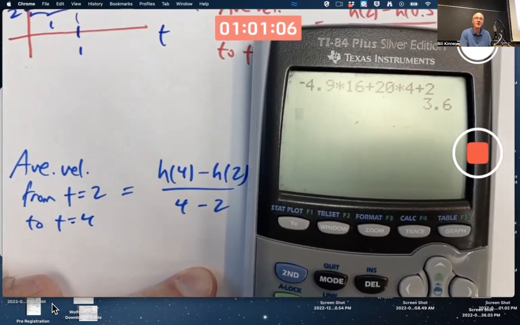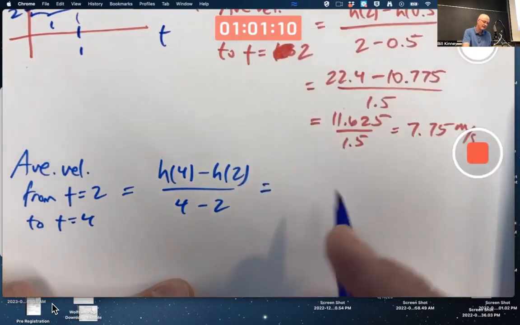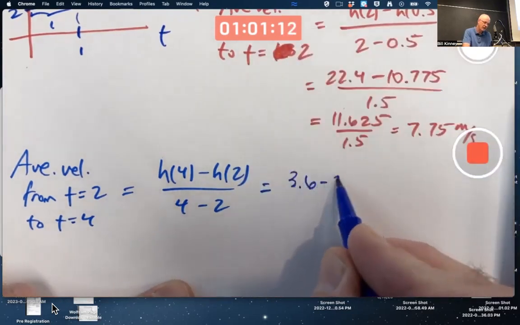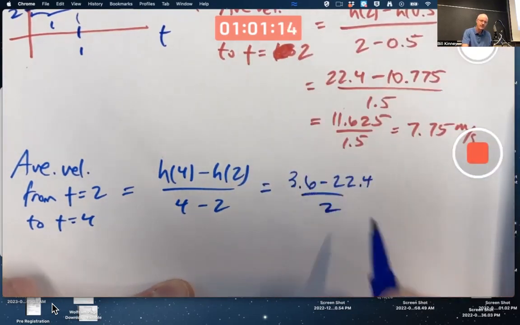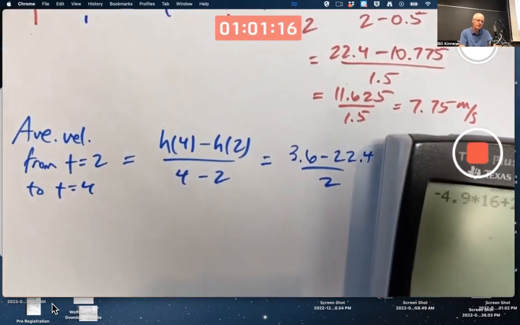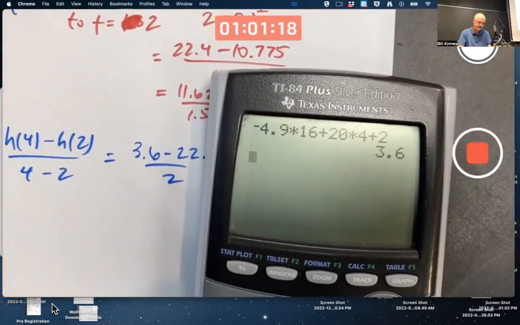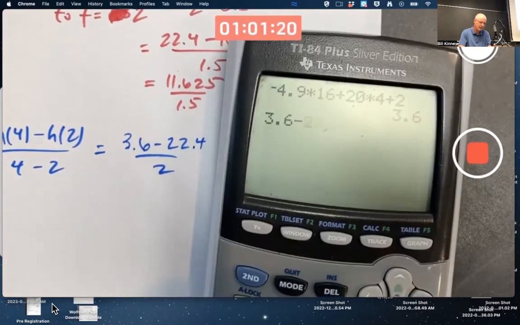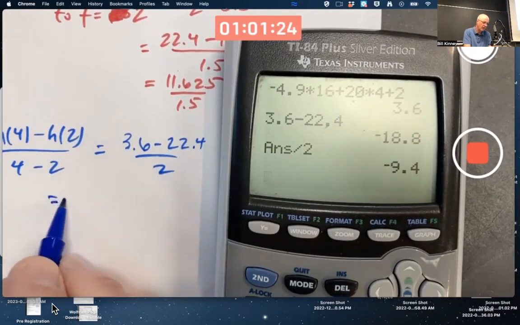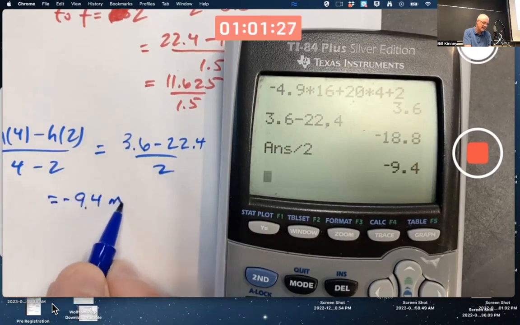It's smaller. It's close to hitting the ground. H of 2 we've already found to be 22.4. This is going to be a negative number. 3.6 minus 22.4 divided by 2, negative 9.4 meters per second.